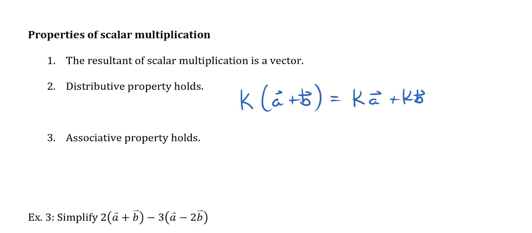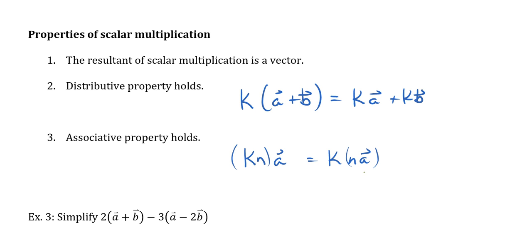And the associative property holds. What's the associative property? The associative property says, does the order in which I do things matter?